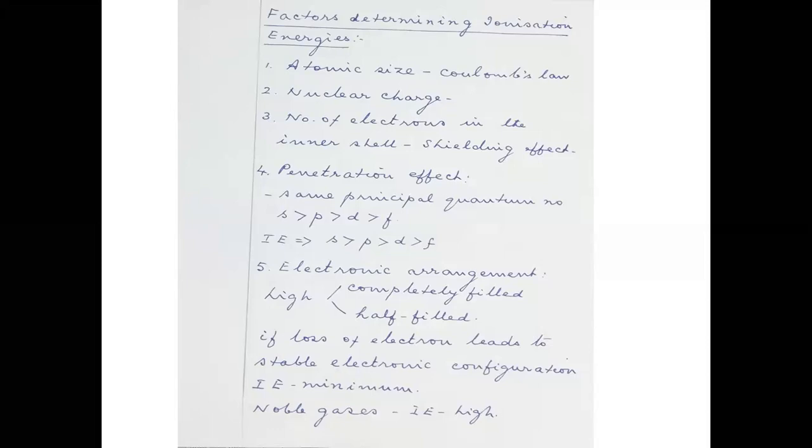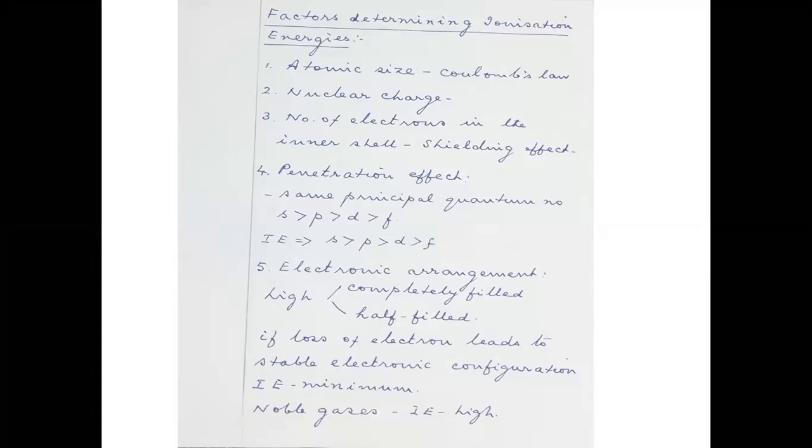Nitrogen is found to be with a high ionization potential than oxygen because oxygen can readily lose the electron to attain the stable configuration of a half-filled level, whereas nitrogen is already stable with a half-filled electronic configuration, which will not be ready to lose the electron to become a partially filled electronic configuration, which is unstable.